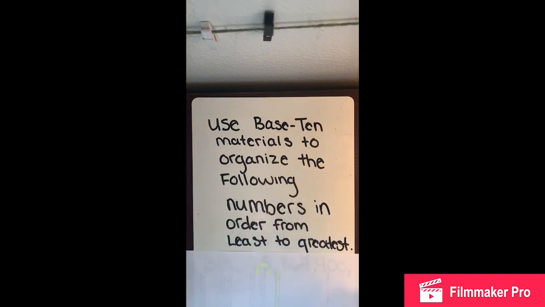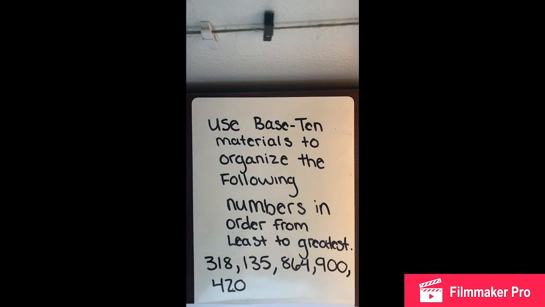So what we are going to do is you're going to work individually using either of those two methods to use those base 10 materials to organize the following numbers in order from least to greatest. Those numbers are going to be 319, 135, 864, 900, and 420.